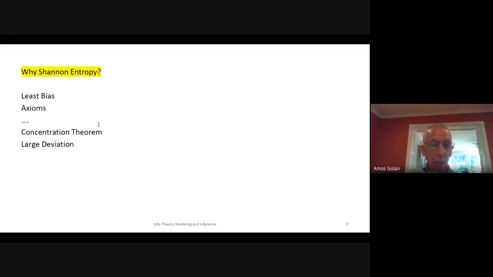Okay. There is a lot of justification for using Shannon entropy. As I mentioned before, it's least biased because only the information that we impose is used. Even if we put in assumptions in terms of the constraints, we can still test them, but we know there are no implicit assumptions.